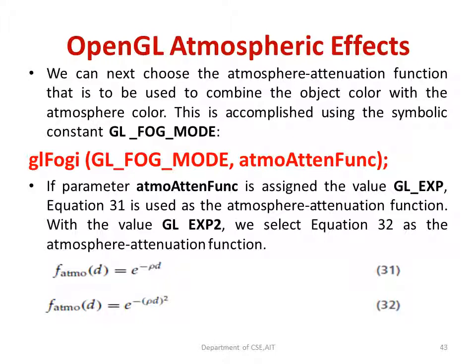That means for the fog effect, the atmospheric effect, this will be given into your API, and in this API these calculations will be applied, and then you are going to get the fog effect. But this fog effect is different from the previous one, where here we have a combination of the attenuation. That means you are going to have some value increasing or decreasing in terms of the attenuation.